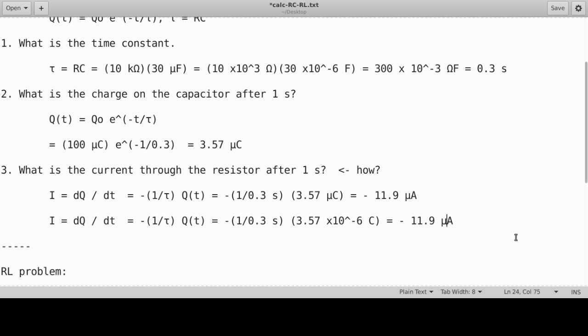And then over here, I would have gotten times 10 to the exponent minus 6 amps. But on the test, I generally wouldn't give an answer like that. I would see the times 10 to the minus 6 there and convert it to micro. So there was the first one. Let me see if there are any questions in the chat.